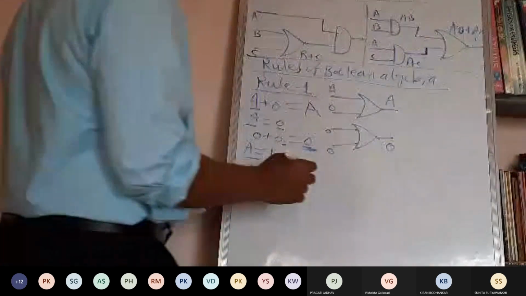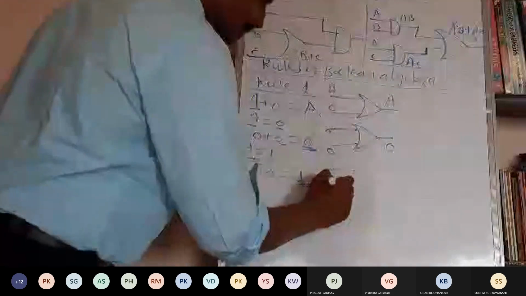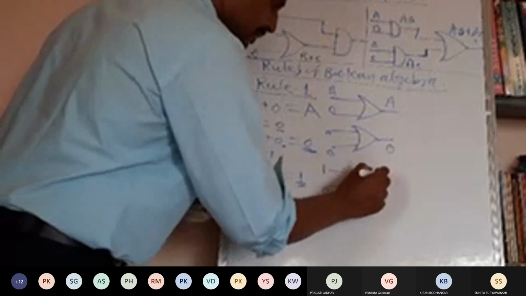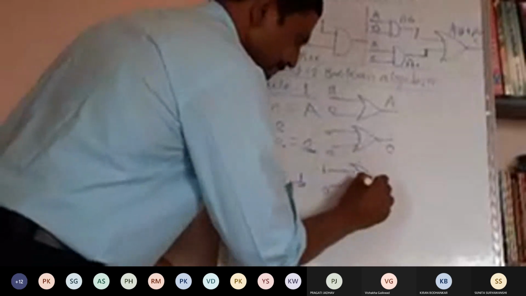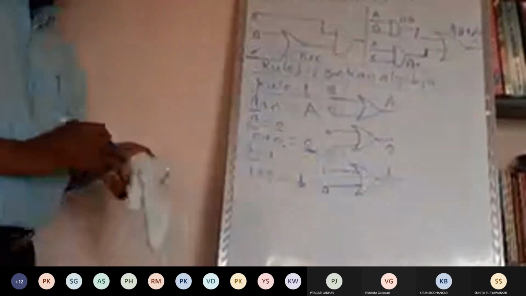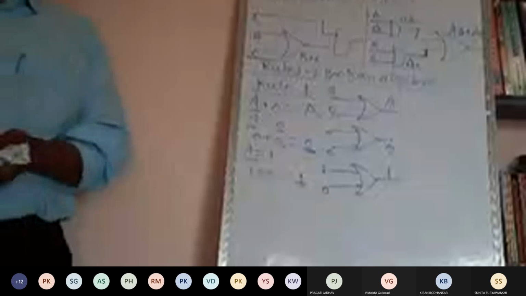And here I got 0. इथं काय असेल? 1 plus 0. It means that a is 1 and 0 as it is. So it can be written as, okay, this is 1. Okay, these are the three logical circuits for this rule.